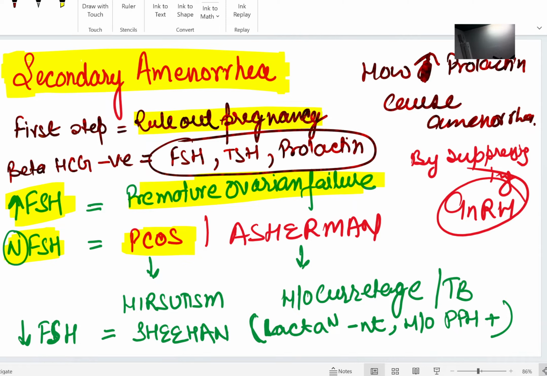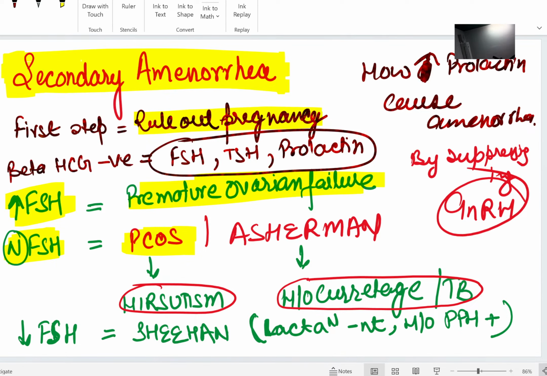If the FSH is normal, then it is a case of PCOS or Asherman syndrome. Now what history does the PCOS patient give? It gives the history of hirsutism. And what history does the Asherman patient give? They give the history of curettage or TB.